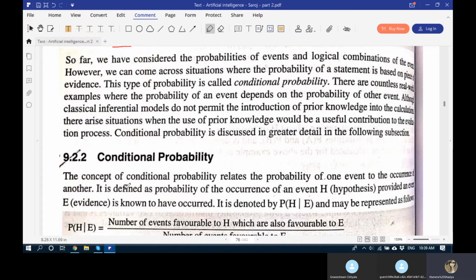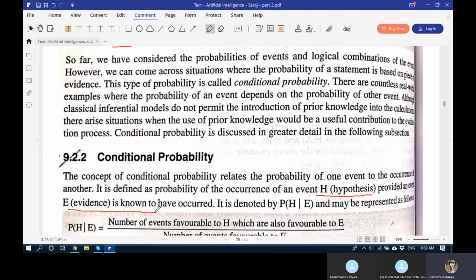So it is defined as probability of the occurrence of event H, which is hypothesis, provided an event E, evidence, is known to have occurred.